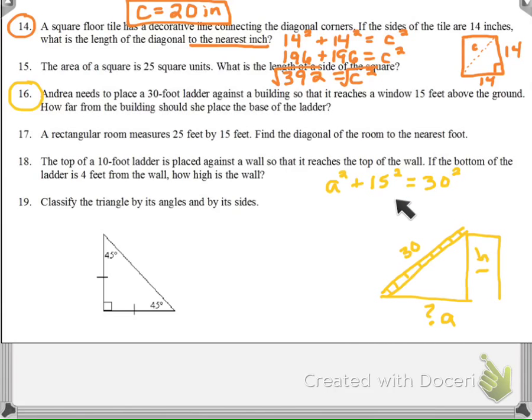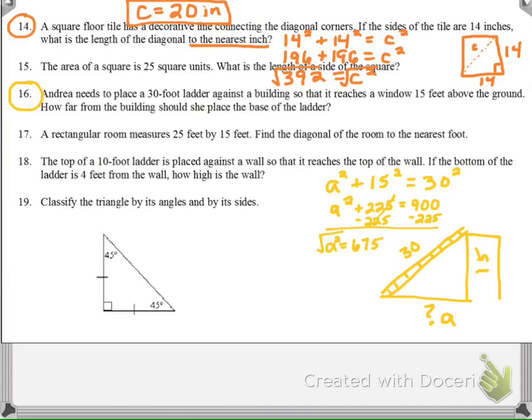Now let me simplify that. I get A squared plus 225 equals 900. So now I have to get the A squared by itself. I can move the 225 over by subtracting 225. And that gives me A squared equals 675.